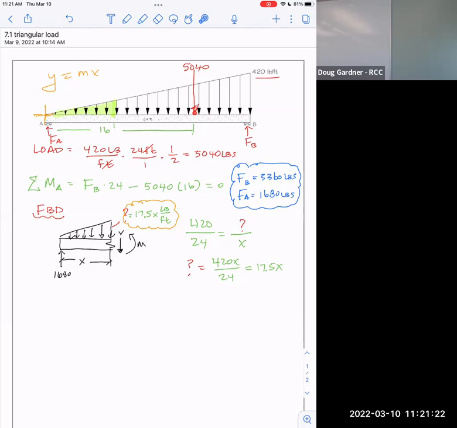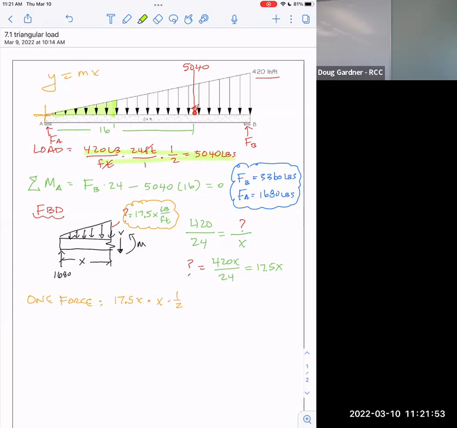No. So to get one force as above, I take 17.5x and multiply it by the distance across, which is x, and then times a half. Again, identical to what we did up here.